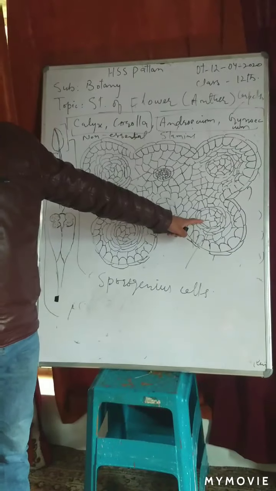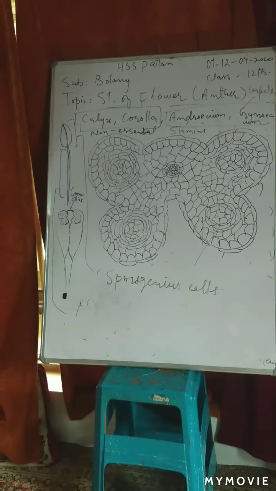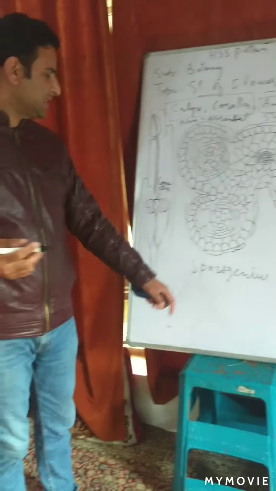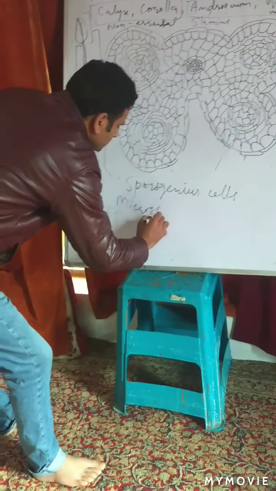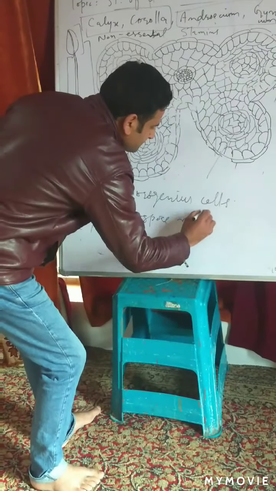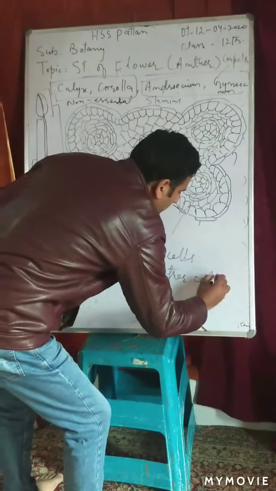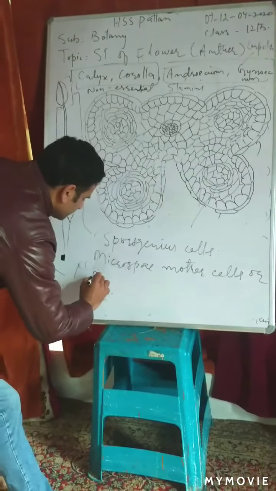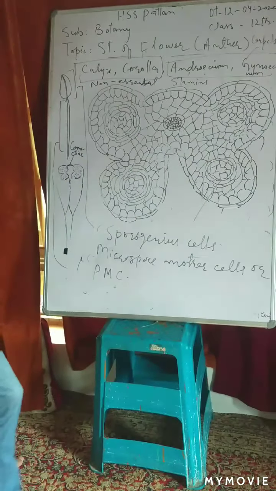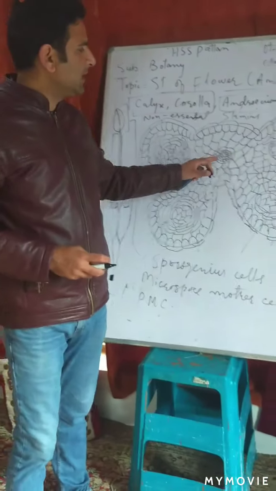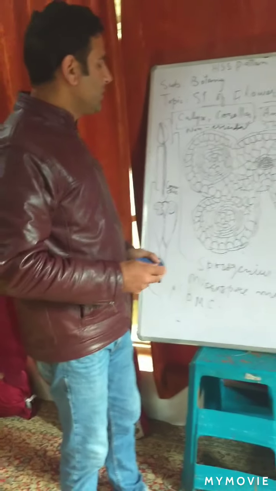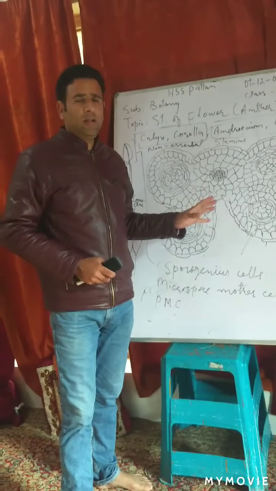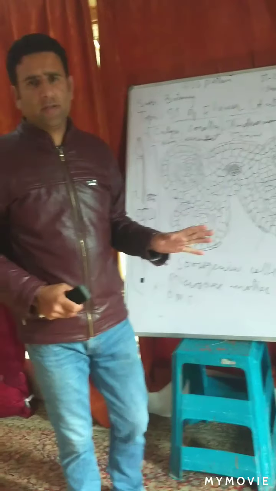Gradually, with the development of the microsporangium, these sporogenous cells get converted into microspore mother cells or pollen mother cells. Up to pollen mother cells, all the cells here are diploid in nature, and all the divisions are mitotic in nature.